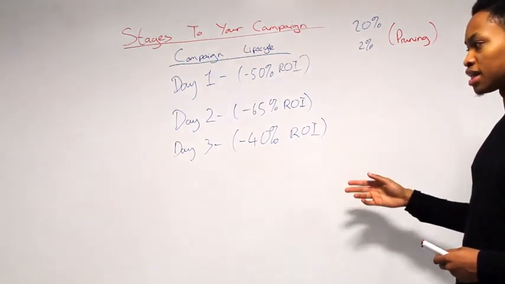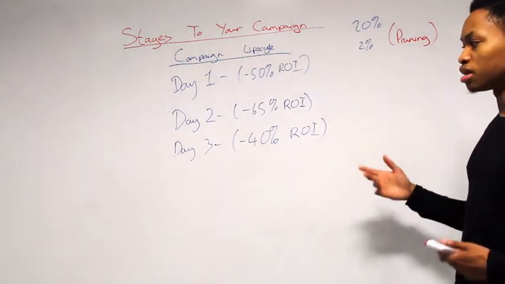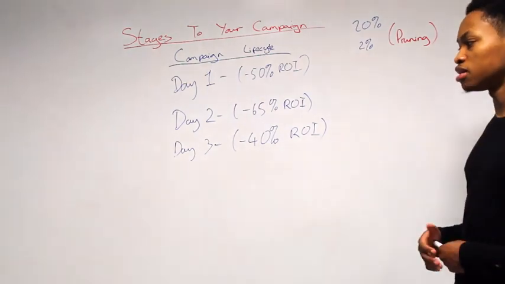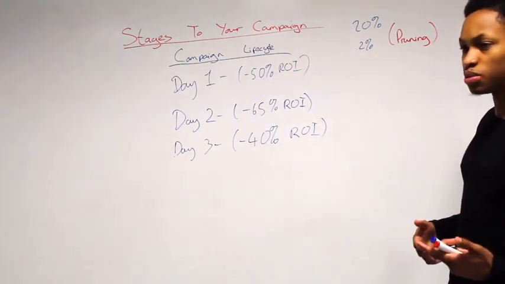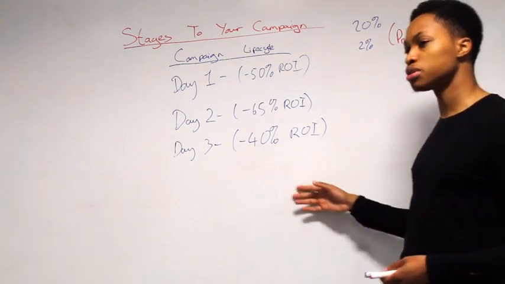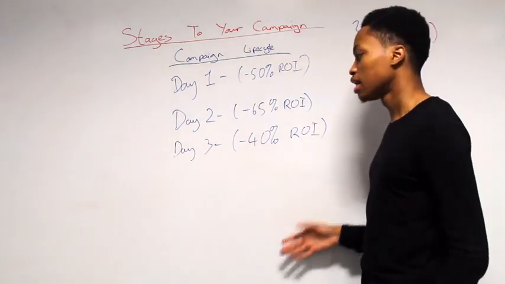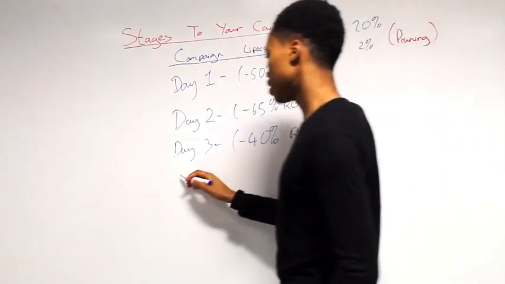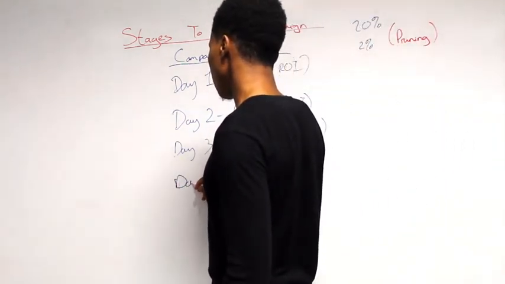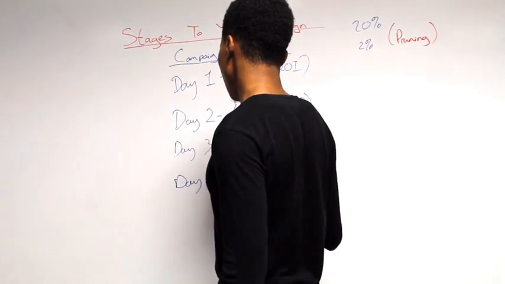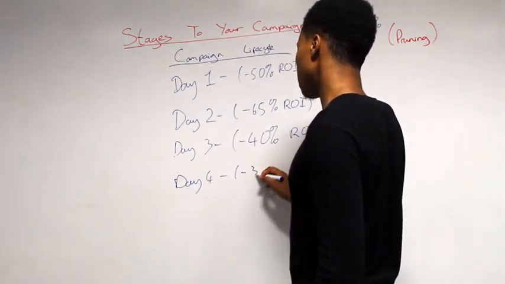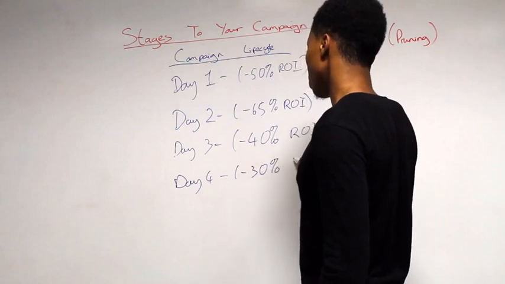So 2 of the ads are doing like negative 60% ROI, while the other 3 ads are doing something like breaking even, might be doing like negative 20% ROI and whatnot. So I might start pausing out some of the bad ads at this stage. So by day 4, because again, we're really just trying to filter out the bad stuff, we might be at negative 30% ROI for the overall campaign.